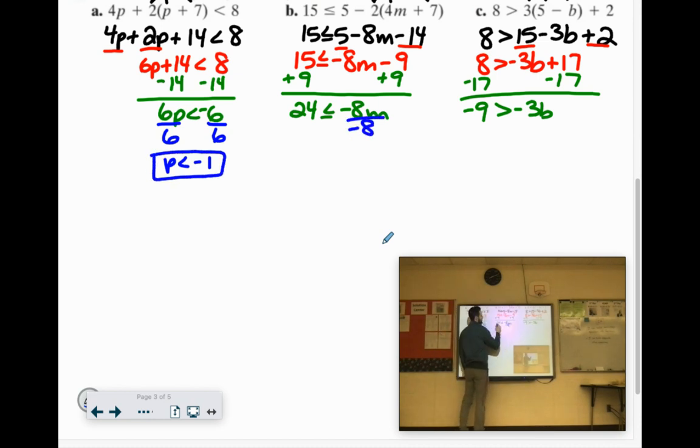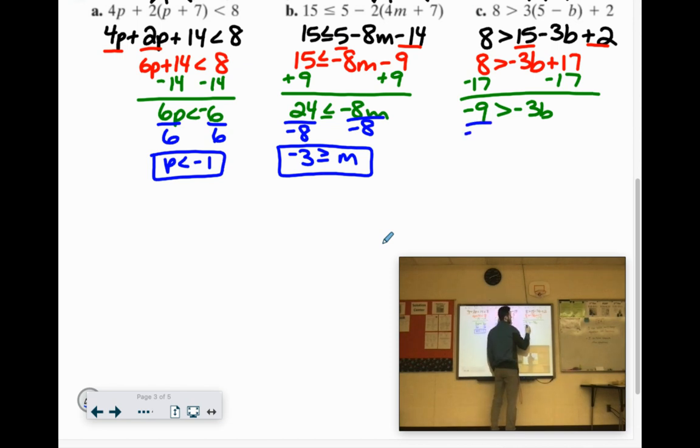Here we're going to flip the sign because we divided by negative. And then over here we'll flip the sign as well because we're dividing by a negative there.